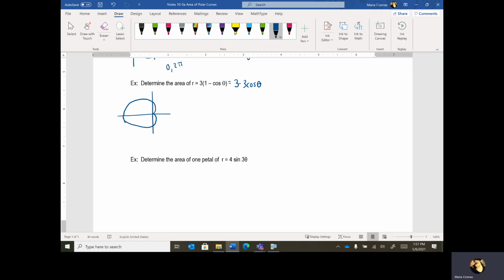All right, so we can use symmetry. I can find just the top half or the bottom half, whichever one's coming first, doesn't matter. So let's think at 0, where are we? Well, cosine is 1, so we're at 0, 0. I was kind of jumping ahead of myself there, wasn't I?